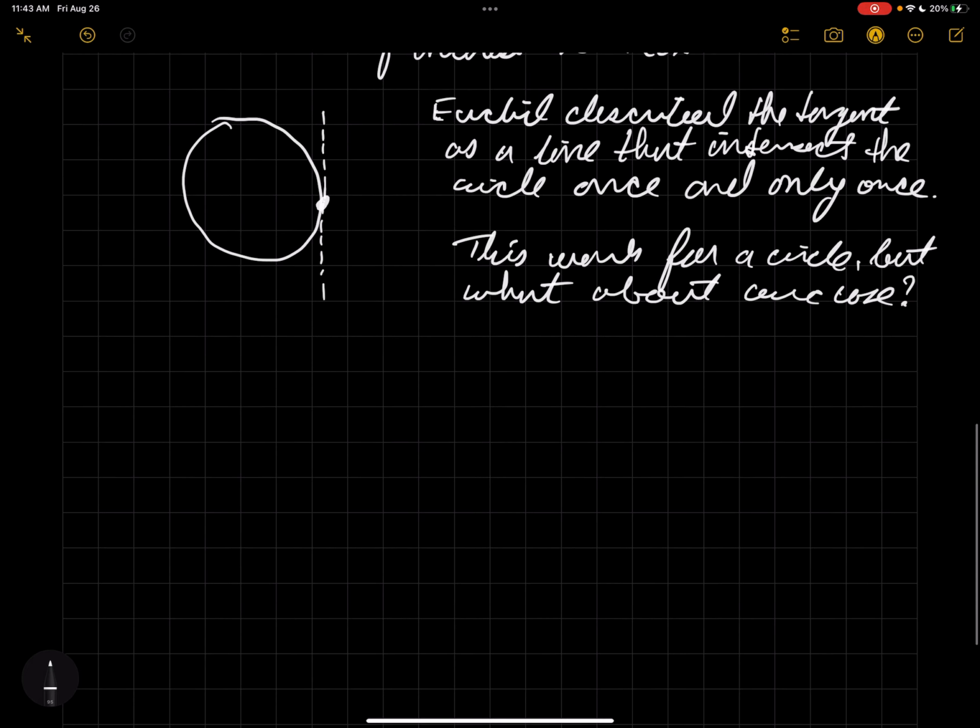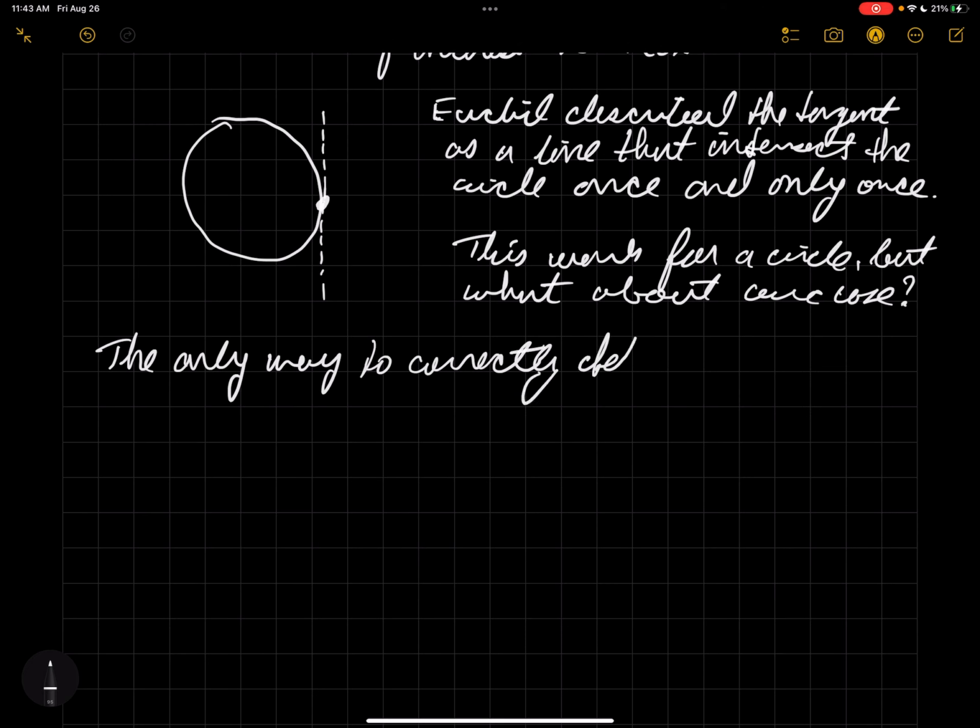So let me go ahead and say that the only way to correctly define a tangent is to do so in the context of a limit.